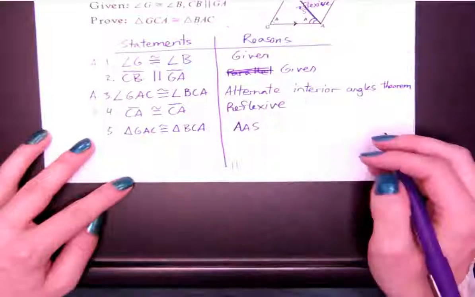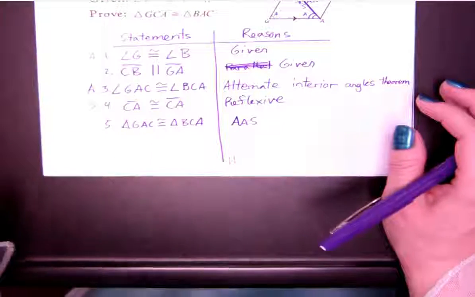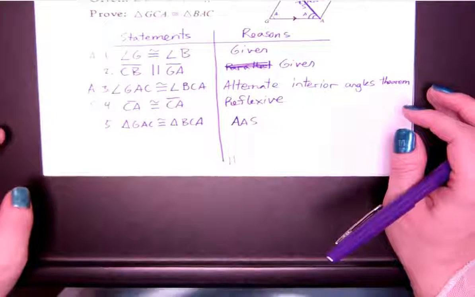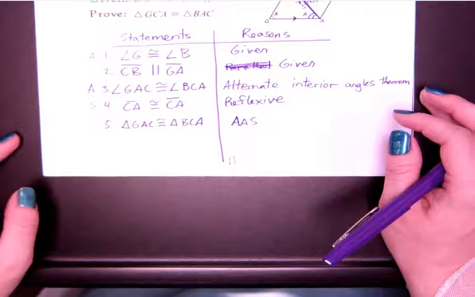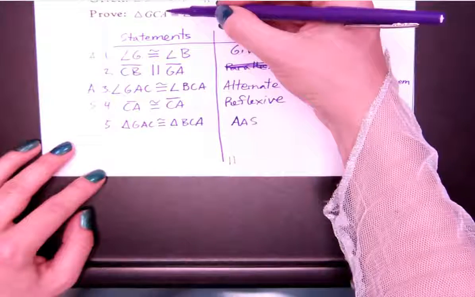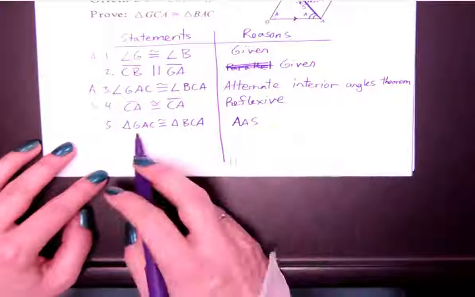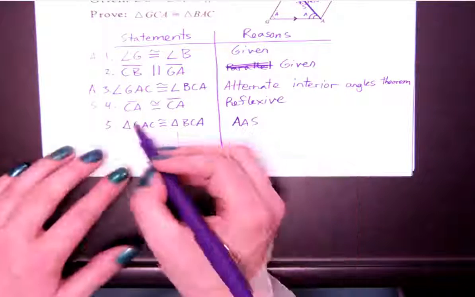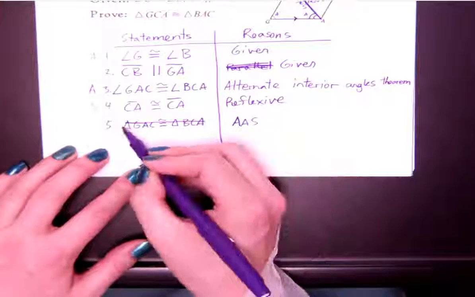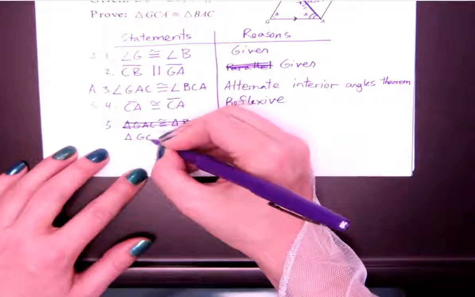So, okay, what should I have done differently? I should have done my statement in this order. Is that the same level of truth as this statement? It's not stated, right? So I should make sure I have it in the correct order.